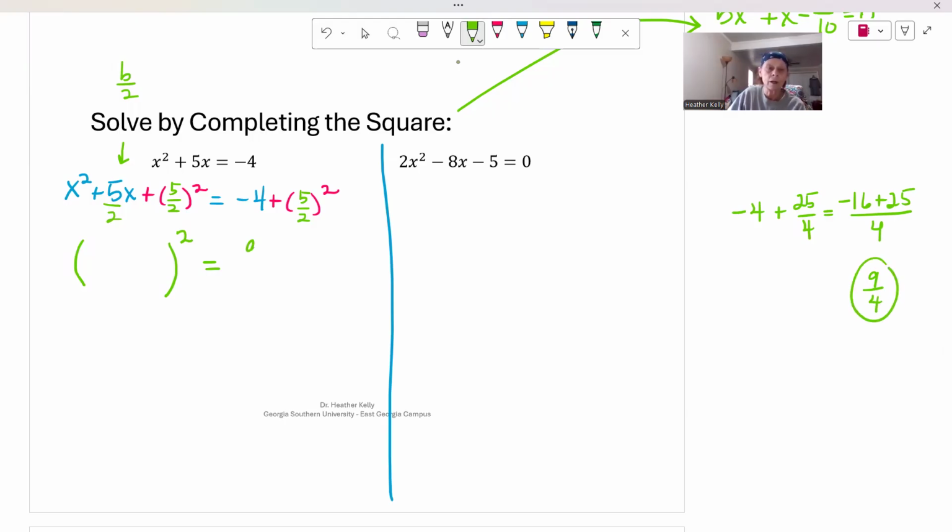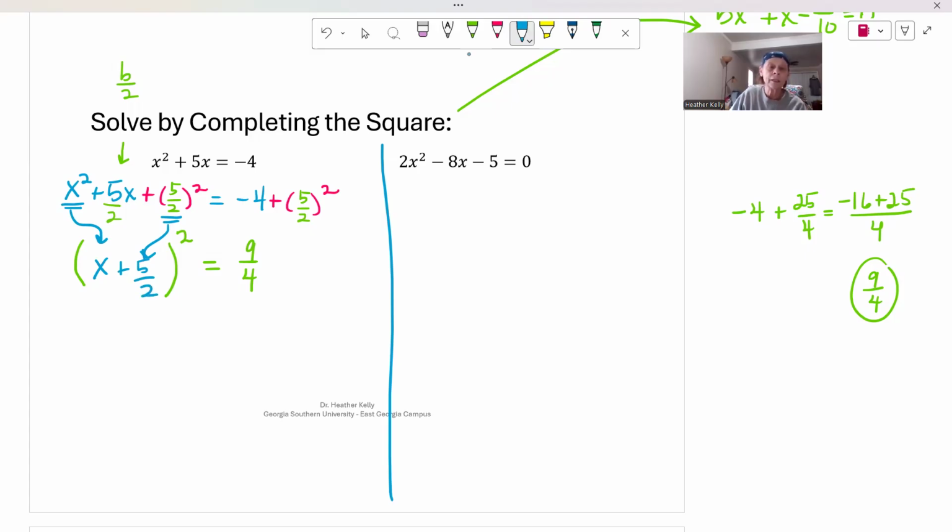Okay, so we've got 9/4 on this side. And what goes in here is one of each thing that's squared. So we have an x squared, so we get an x. And we have a 5/2, and it's positive, so we get a plus 5/2.